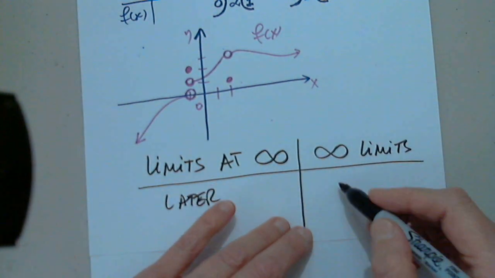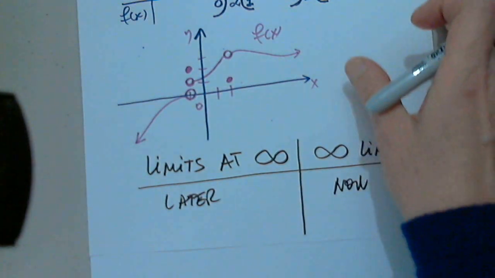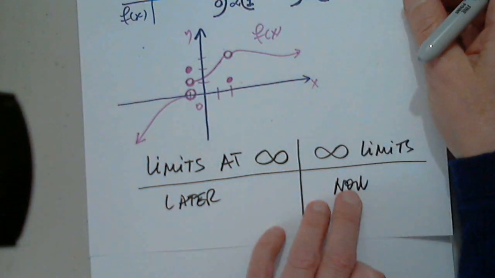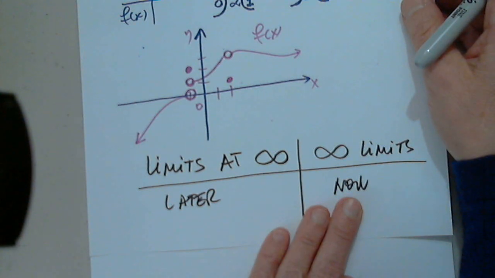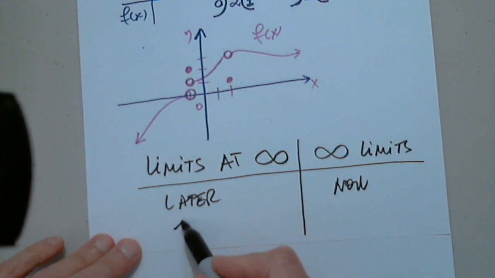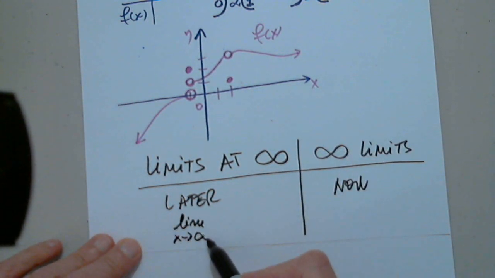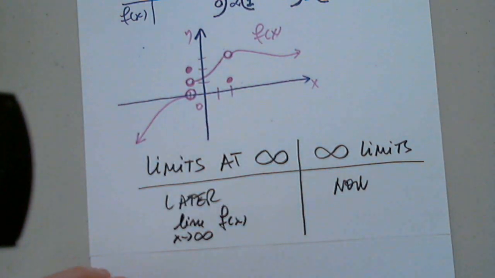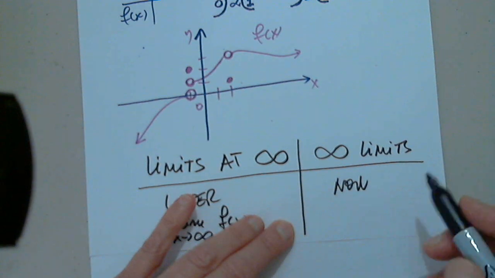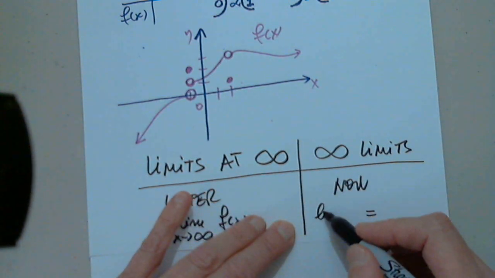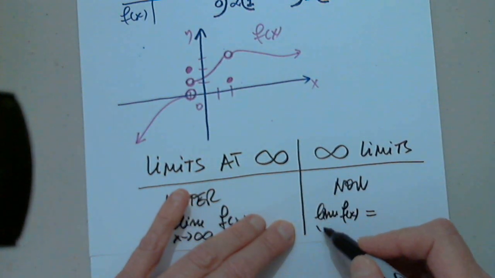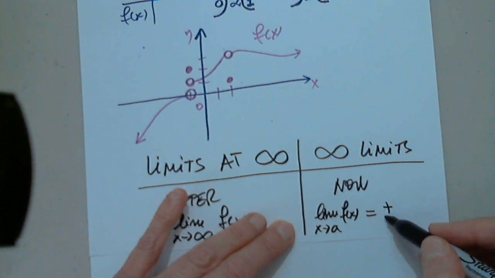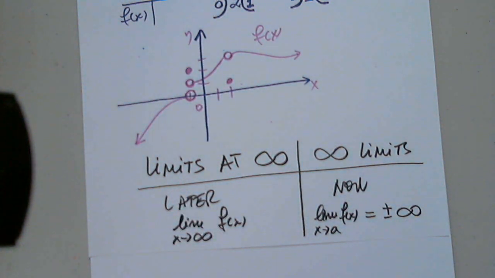This is for now, meaning the answer is infinity. Here is an example of a limit at infinity: the limit as x approaches infinity of f of x. With infinite limits, the answer of the limit of f of x as x approaches a is positive or negative infinity.